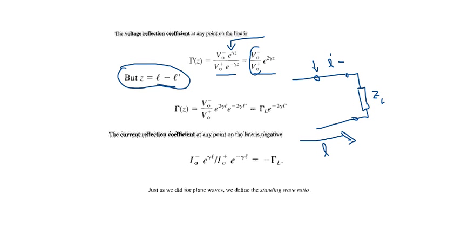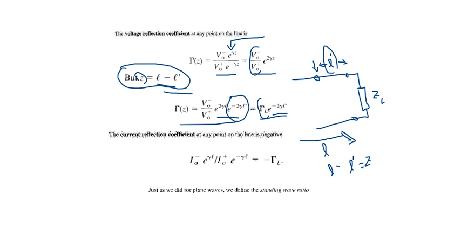So this L minus L dash, L being the total length of the transmission line, and this L dash, which I have already shown in this sketch, gives us the value of Z. So if you put L minus L dash in place of Z, then we get the modified equation for our transmission line: V0 minus upon V0 plus into e raised to 2 gamma L into e raised to minus 2 gamma L dash, which we can further rewrite as the reflection coefficient multiplied by e raised to minus 2 gamma L dash only. This is the term which is uncommon.